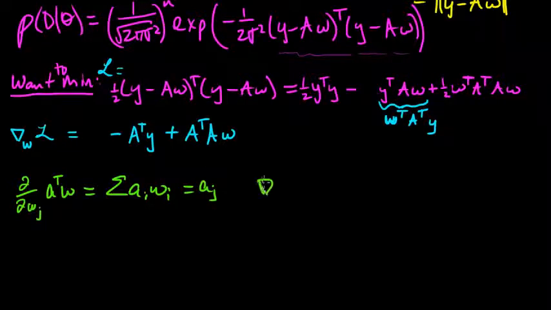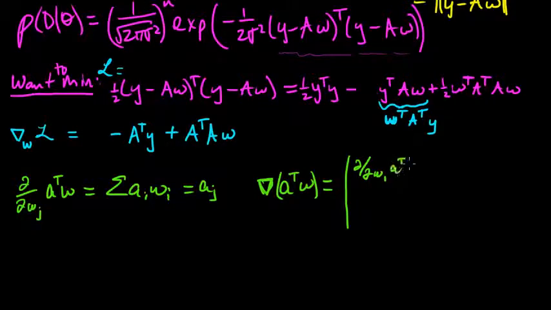Remember, the gradient of a function is the column vector of these partial derivatives: partial with respect to W1, partial with respect to W2, up to partial with respect to Wn, if these are n-dimensional.